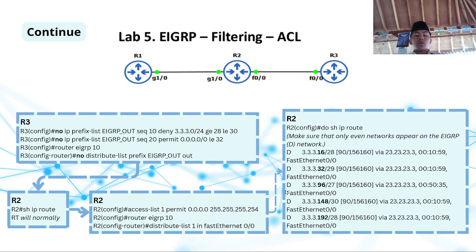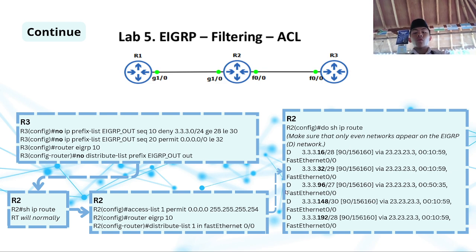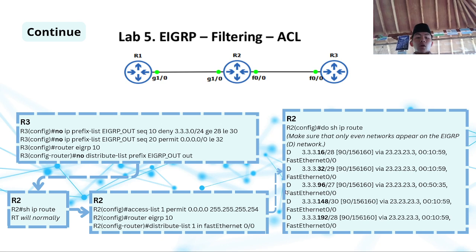And step 4 is prefix list versus access list. Now let's compare. Prefix lists are more flexible. They allow filtering based on both network address and prefix length, but access lists are simpler. They can filter only based on the network address using a wildcard match. For example, with a 0.0.0.1 wildcard, we can allow only even networks.